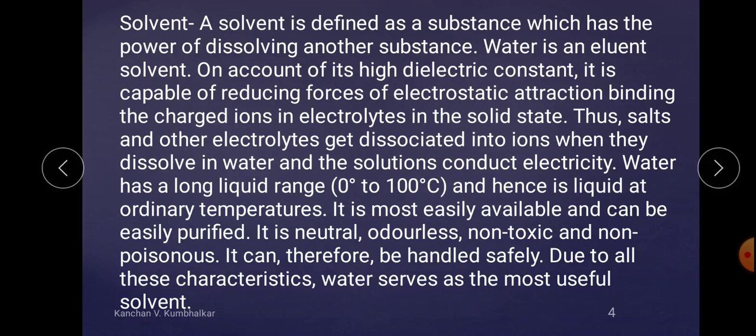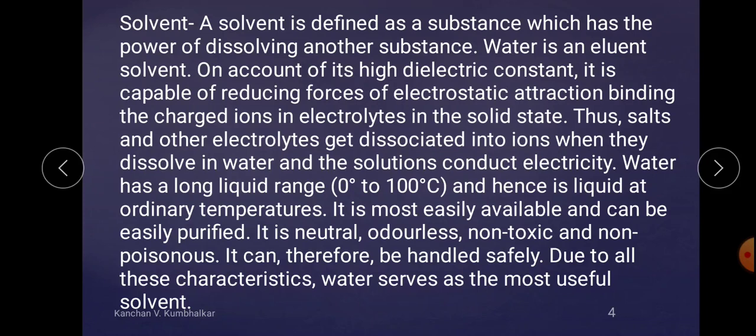On account of its high dielectric constant, about 72 to 78 for water, it is capable of reducing the forces of electrostatic attraction binding the charged ions in electrolytes in the solid state.